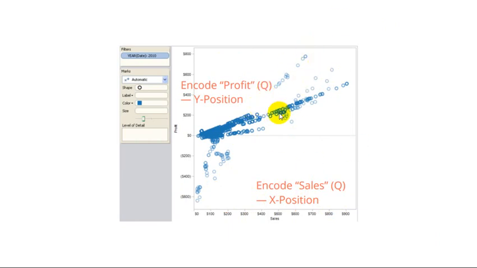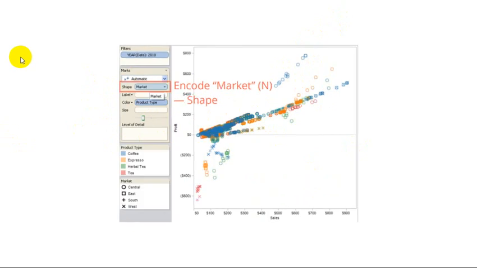So we might experiment with encoding using other channels like shape or color. So we can see here what we've done is encoded the market with color. And now we can see that there is a consistency, that this is all the same market. So we might ask what this blue market is, oh, this isn't quite right.